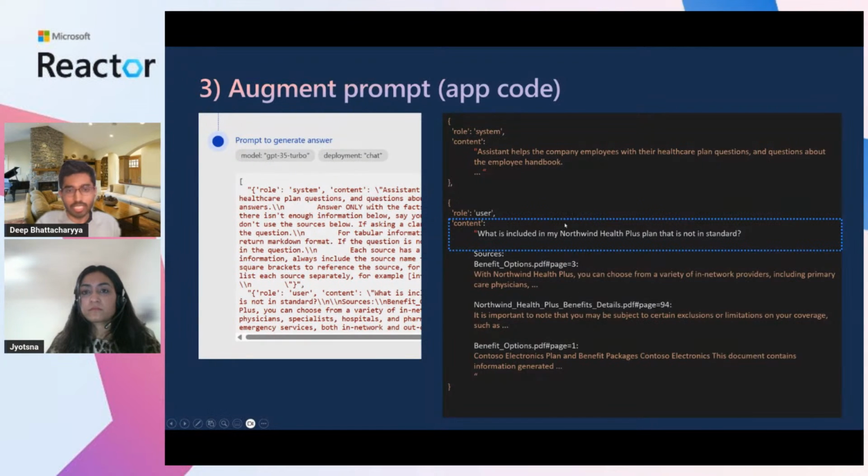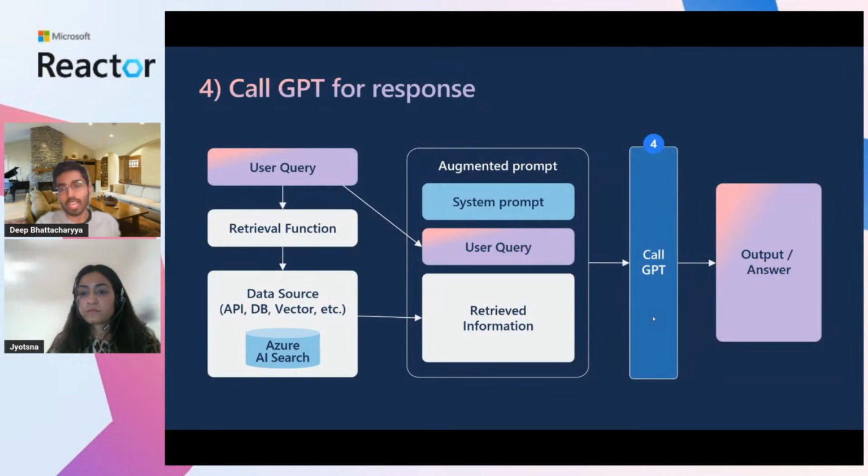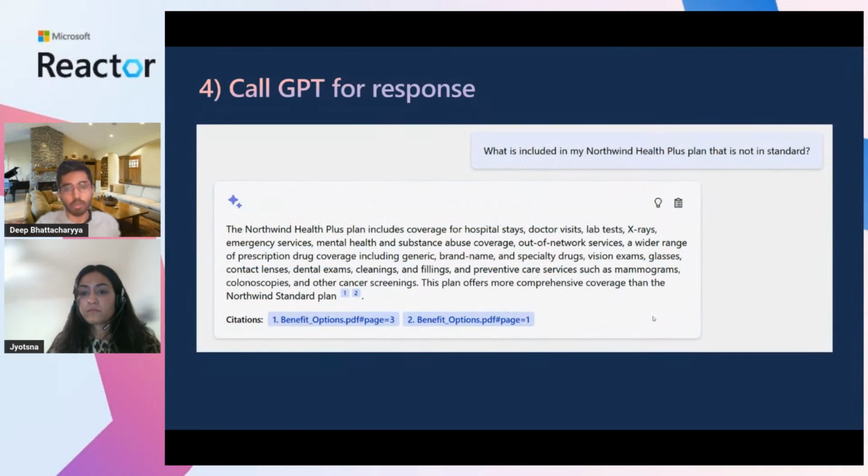So this is the context here. You have the initial system prompt, the query that the user placed, the sources, and extracts from each of those sources that Azure AI Search gave us. And then we pass all of that into the GPT-4 model.